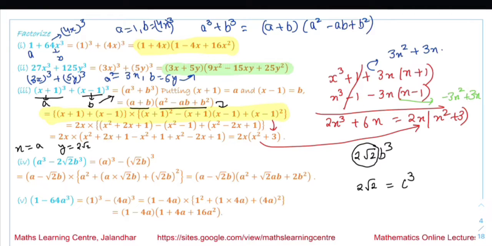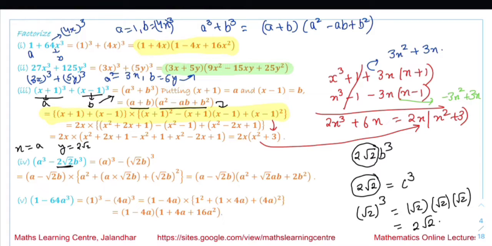What kind of number should this be? We see that if we write square root 2 and cube this number, it is square root 2 into square root 2 into square root 2, so the answer you will get is 2 root 2. So we can write 2 root 2 as the cube of square root 2.